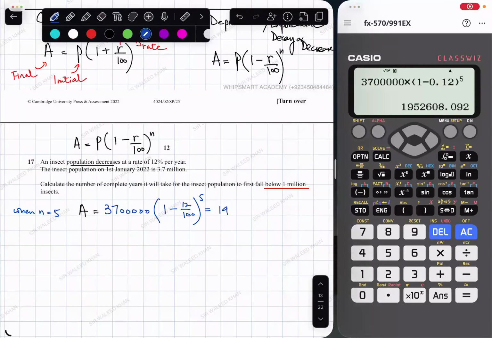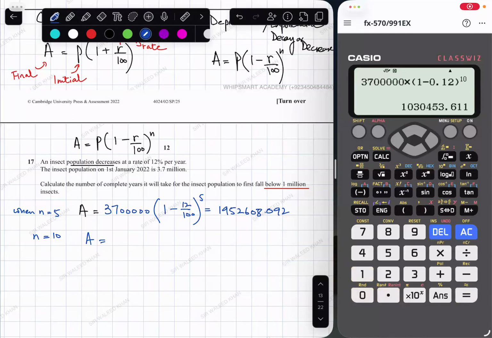So I have to use several more years, right? Directly jump to number of years 10. Now you don't need to write this again and again. You can directly write it like this: A is equal to, and just do it on your calculator, 3.7 million times (1 minus 0.12) whole power 10.